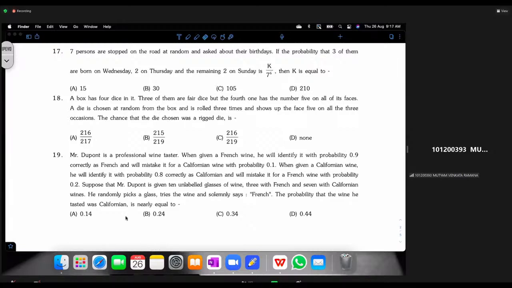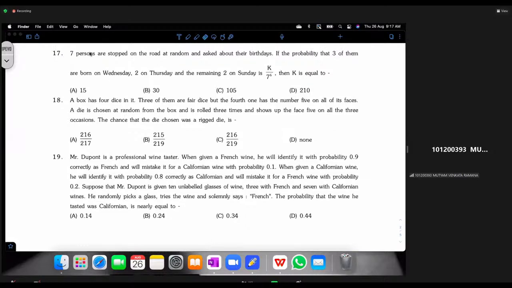See, here the 17th question we need to talk about. So what happened? 7 persons are stopped on the road at random and asked their birthdays.